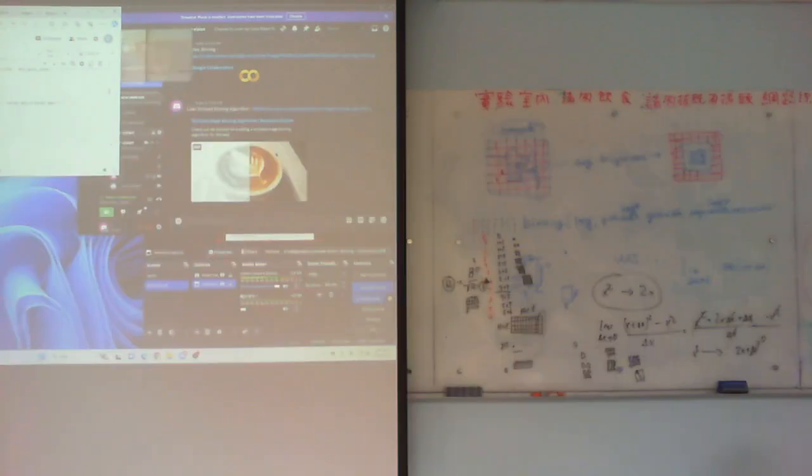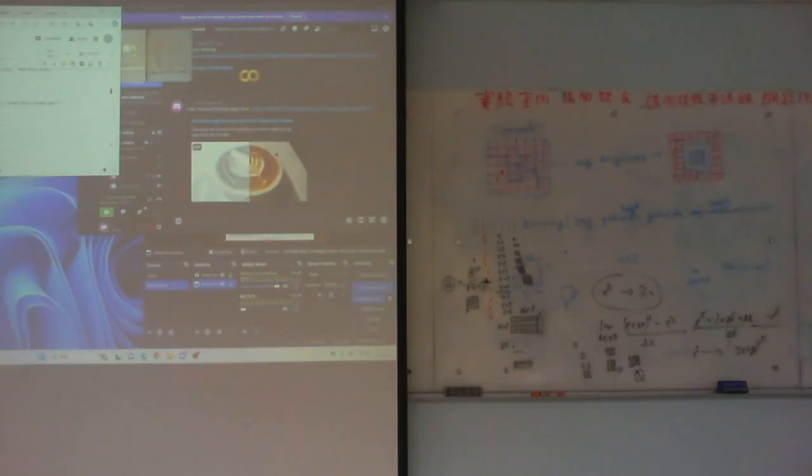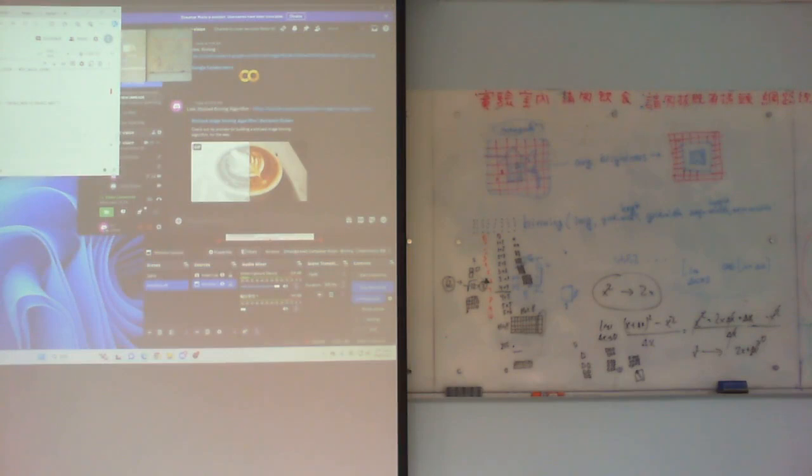So if I have 2, I'm at level 2, then level plus 1. No, divided by 2.